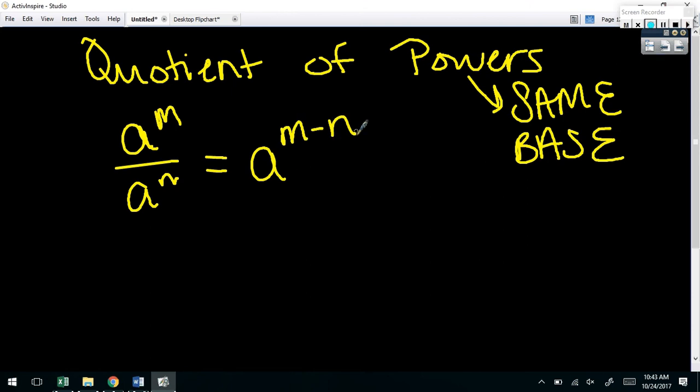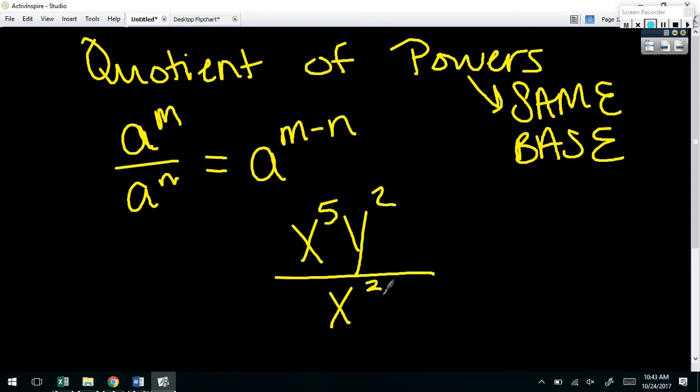How would we know, if you give us a list of problems, and they're set up the same? Only with the same bases can you do it. So again, if I had x to the 5th, well, I mean, y. How do we know one's product of a power and the other's quotient of a power?